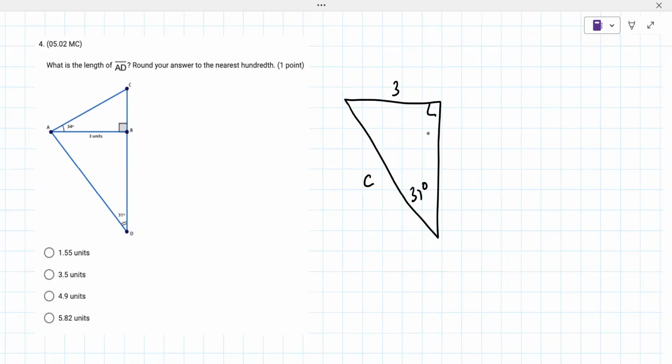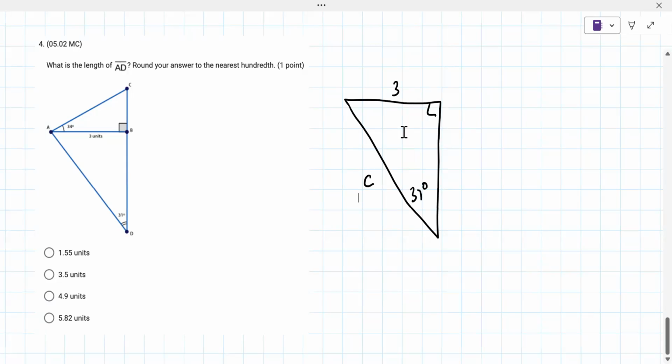Is that okay? Yeah. All right, so the hypotenuse is what we're trying to find.